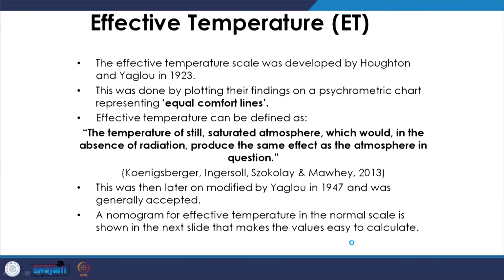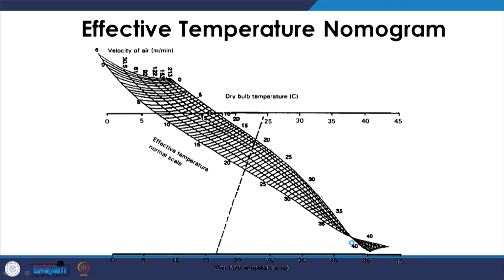Several attempts to develop thermal comfort indices have been happening across the world, and different indices have been developed. The first one was developed by Houghton and Yaglou in 1923, which was called effective temperature. Effective temperature brought together 3 parameters: one is dry bulb temperature, the other is velocity of the air, and the third is humidity, which is taken into account by wet bulb temperature.